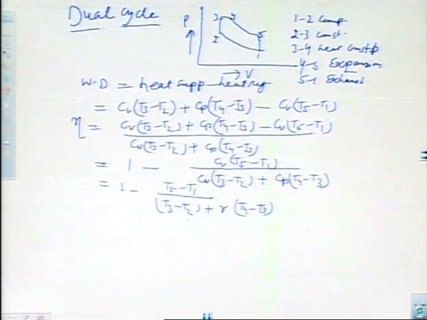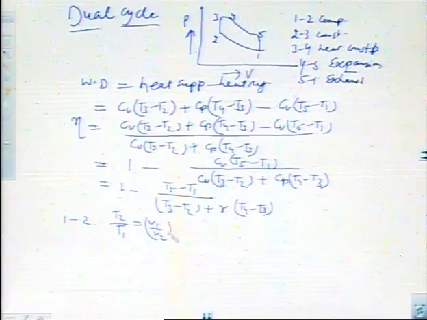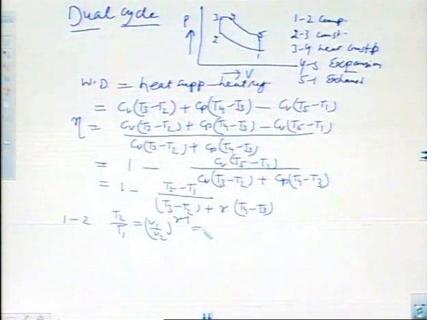Now, again it can be further derived in the same way by taking the different processes, that is 1 to 2 process. In this case, T2 by T1, again the same thing, for 1 to 2 process V1 divided by V2 to the power gamma minus 1, that is R gamma minus 1.